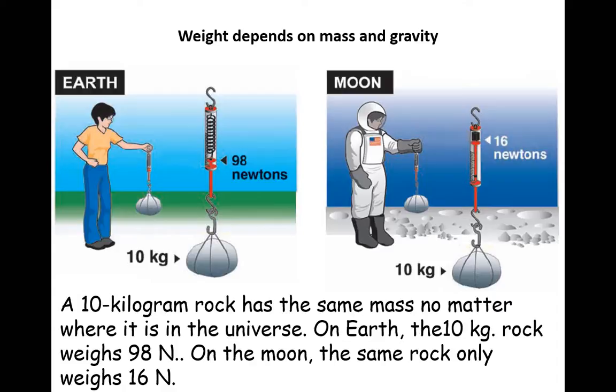In this example, if you have something that's 10 kilograms, or 98 newtons, on the Earth, it'll still be 10 kilograms on the Moon. However, the weight will have changed because it weighs a little bit less, which means the force of gravity on the Moon is less.